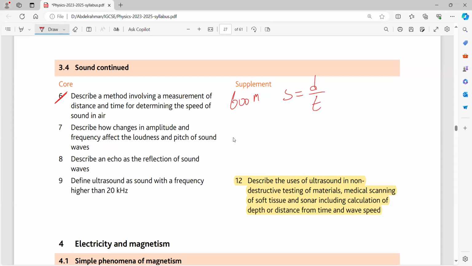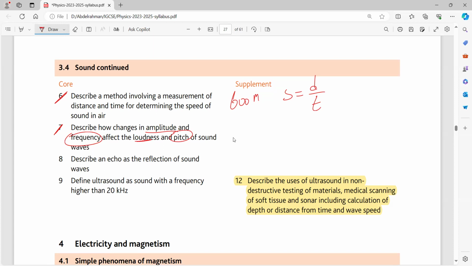Changes in amplitude and frequency. When the amplitude changes, the loudness changes. When the frequency changes, the pitch changes. As I increase the amplitude, the loudness increases and it becomes a very loud sound. As the frequency increases, the pitch also increases. But they do not affect each other.